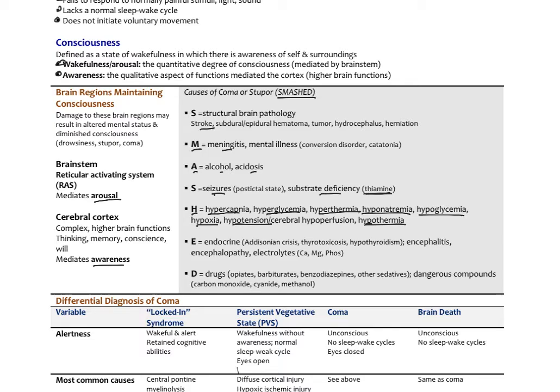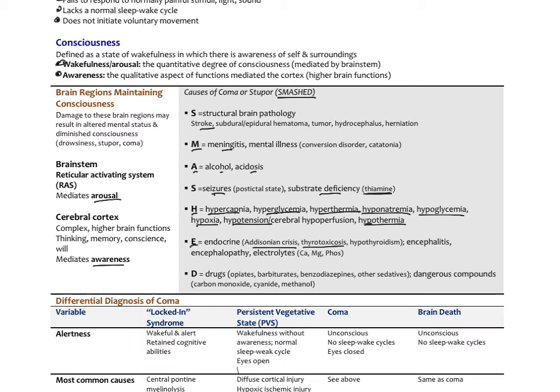So you don't need to memorize all these. Again, this is just to kind of maybe trigger your memory that there is a mnemonic we can use to work through the causes of coma. Again, you're not going to be working these up because these are the patients that are going to be hospitalized. Endocrine causes, so your adrenals, if they're not secreting adequate cortisol, that can be from destruction of the adrenals from an autoimmune disease called Addison's disease.